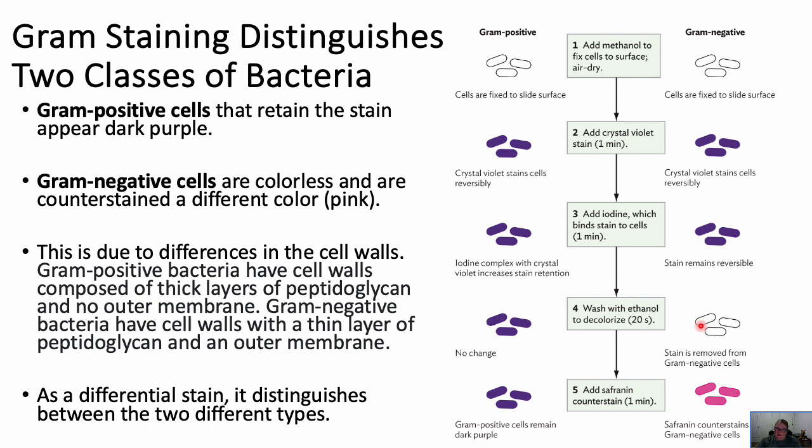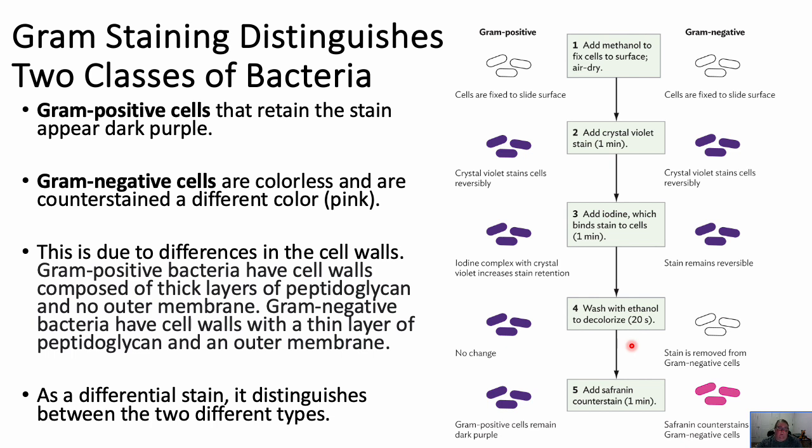But with the gram negatives, we don't have a thick layer of peptidoglycan, so the crystal violet can't stick. Okay, so what's going to happen is the ethanol is going to wash away the crystal violet. So at the end of the decolorization step, we're going to have purple gram positives, and we're going to have colorless gram negatives.